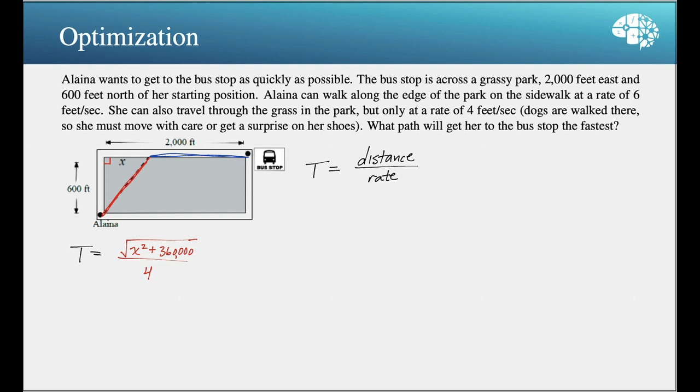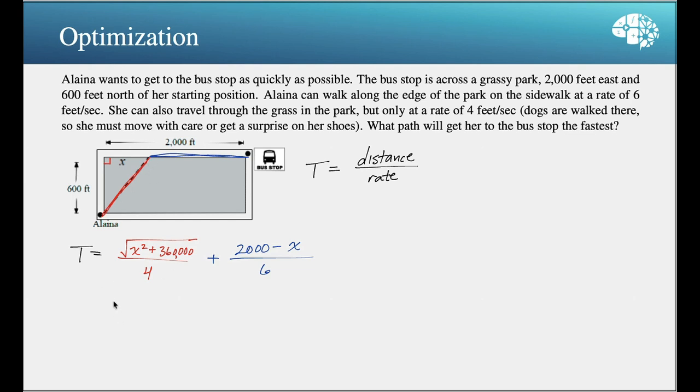And then we have plus this blue portion here. And that distance is simply not the full 2,000, but 2,000 minus whatever that x is. So 2,000 minus x divided by the rate there on the sidewalk, which is the 6 feet per second. Okay, so this is the time that it will take Elena to travel if she chooses this x as the distance down that she should aim for.